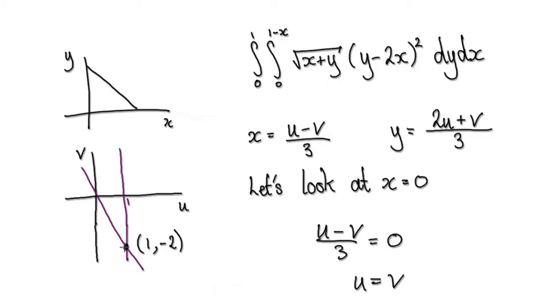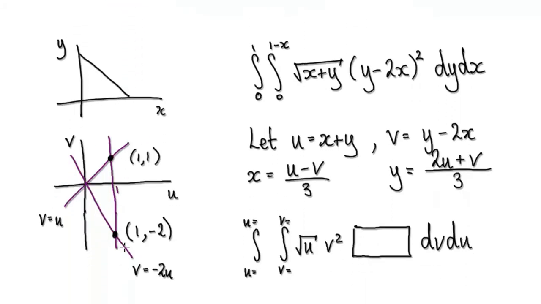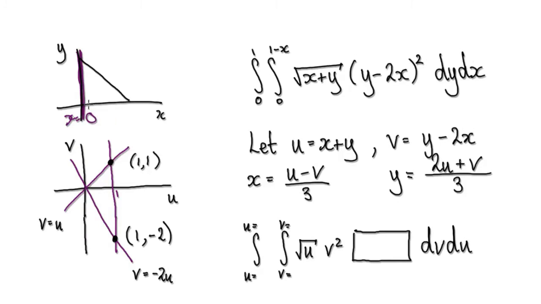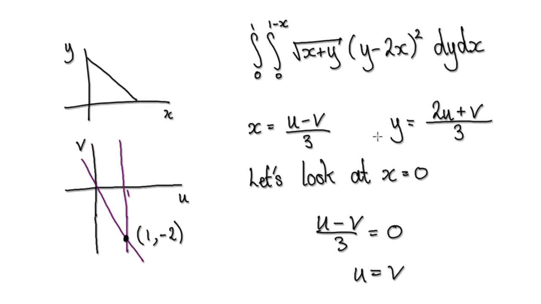So let's investigate further. So our region, we can use the same technique now. Let's investigate what happens when x equals 0. So now let's look at what happens to this line here.